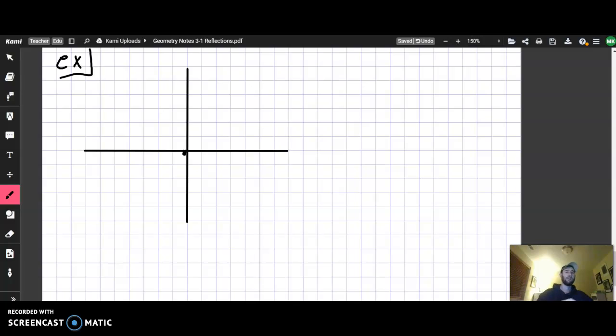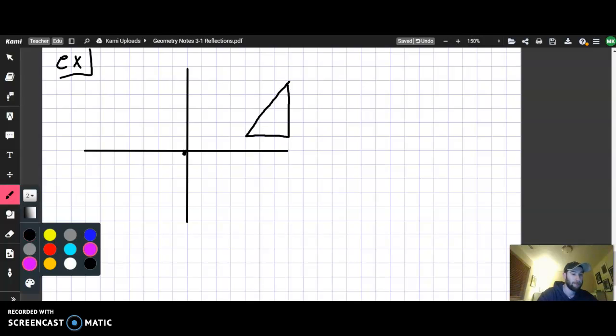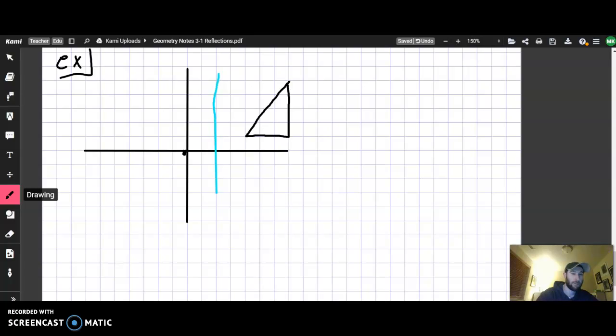Let's go ahead and take this shape right here, and let's reflect it over the line. Here, let me go ahead and use another color. Right here. Oh, yeah, there's a nice straight line.